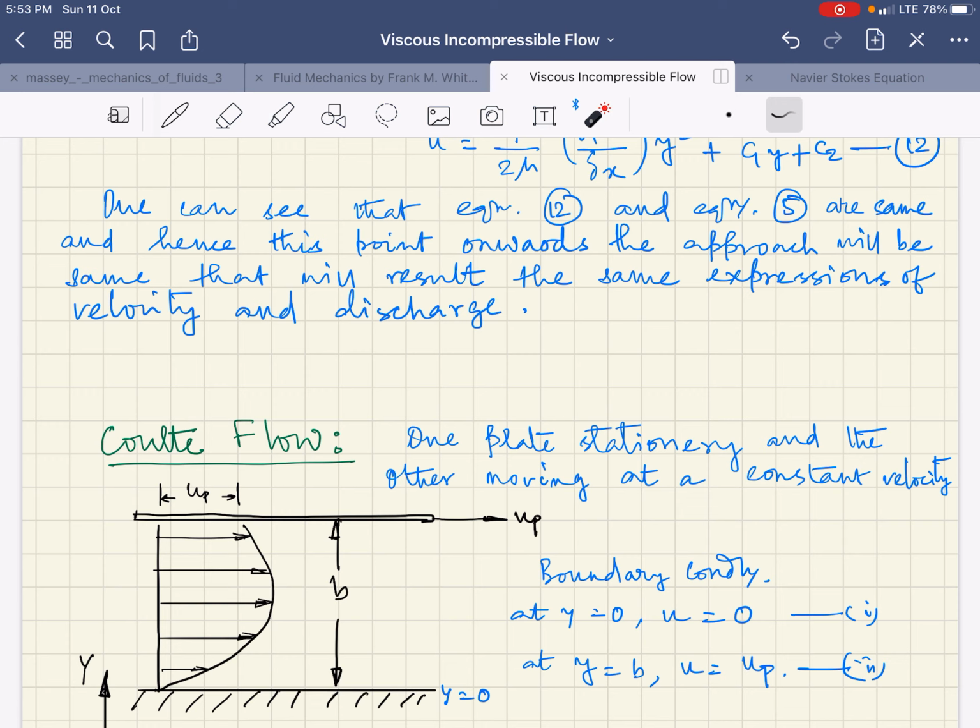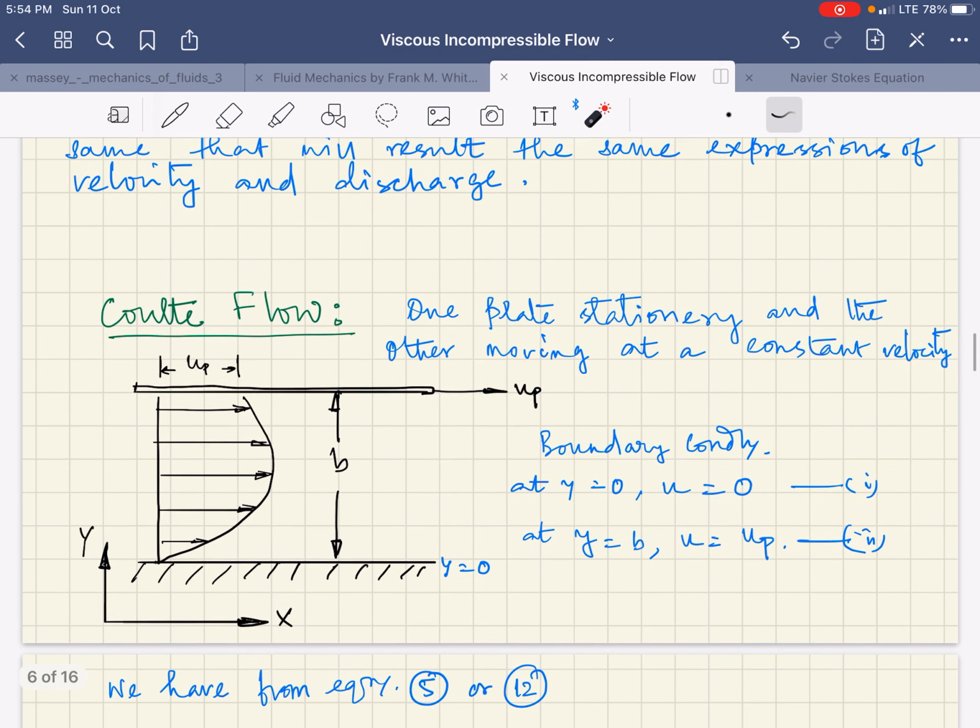Sometimes these Navier-Stokes equations are convenient, but not all the time. Navier-Stokes equations may be convenient to use in a particular situation to arrive at a particular form. Okay, so here we will look into the situations using both the approaches, so that you can get exposed to different types of application of this situation.